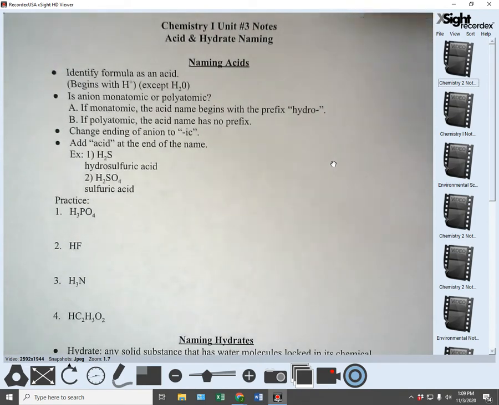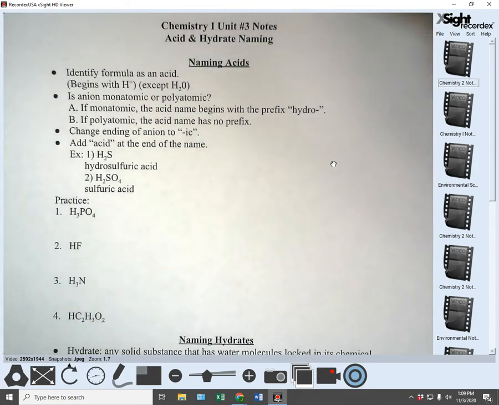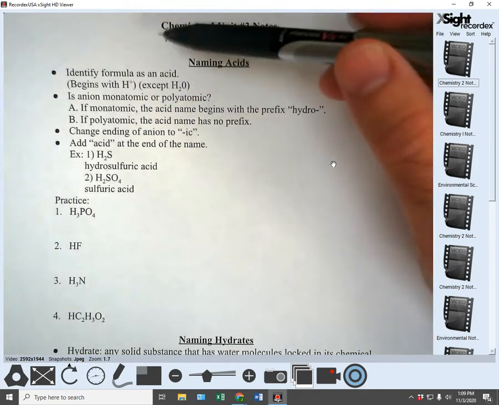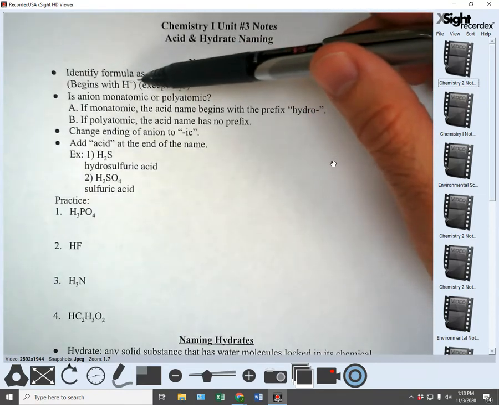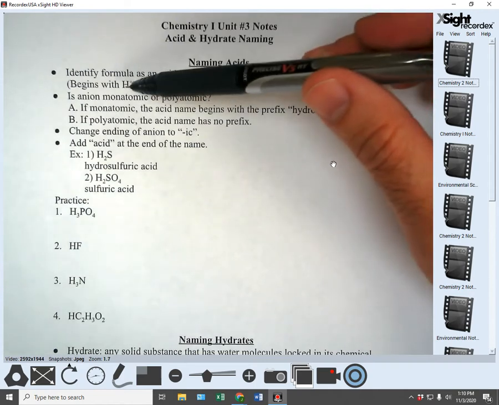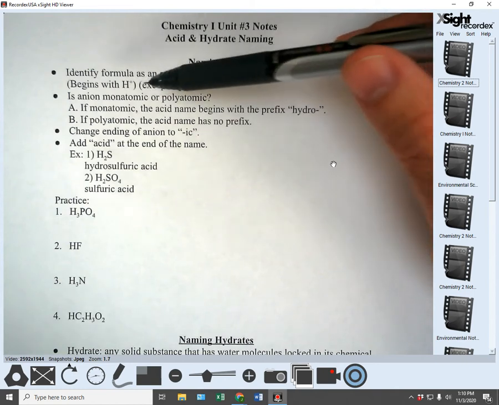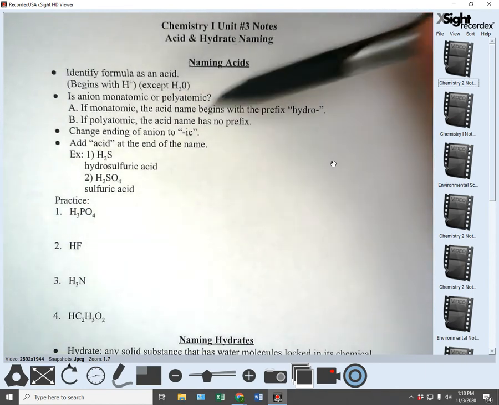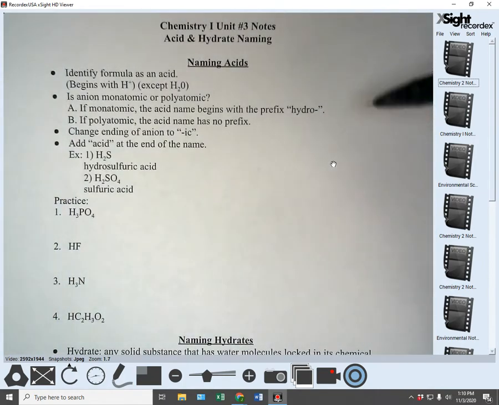Naming acids, you first have to identify the formula as an acid. If it begins with hydrogen, H, it'll be an acid, except water, H2O. So if it starts with an H, we're going to call it an acid.